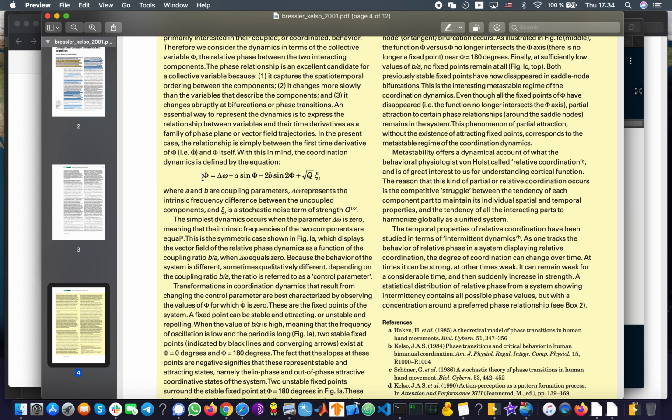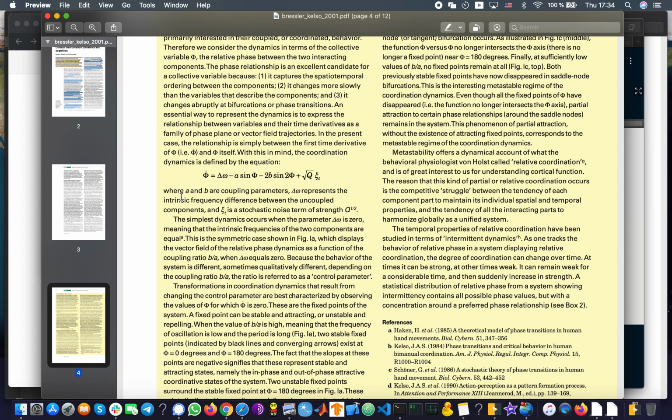Phi dot is equal to delta omega minus a sine of phi minus 2b sine of 2 phi plus square root of q eta. So, or epsilon, whatever, delta. This is just the noise, and this is just the strength of noise, and you don't need to conceptually worry about it.